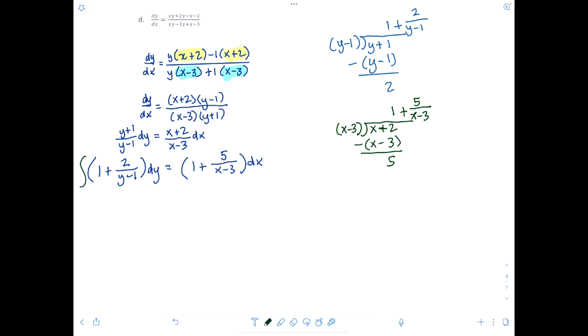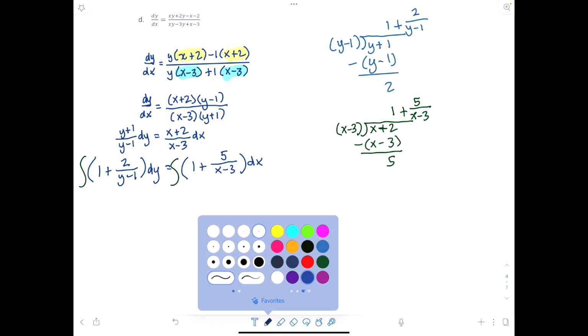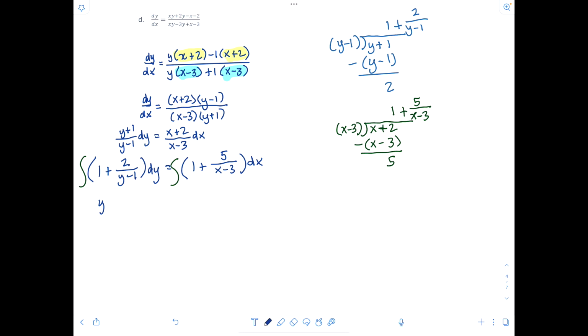Integrating both sides, we'll have y plus 2 natural log absolute value y minus 1, and that's going to equal x plus 5 natural log absolute x minus 3 plus c.